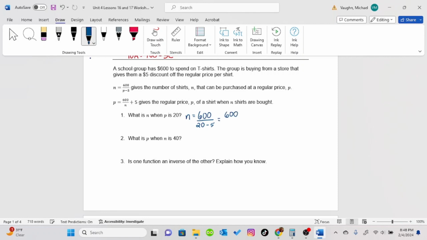This equals 600 divided by 15, because 20 minus 5 is 15, and 600 divided by 15 equals 40.